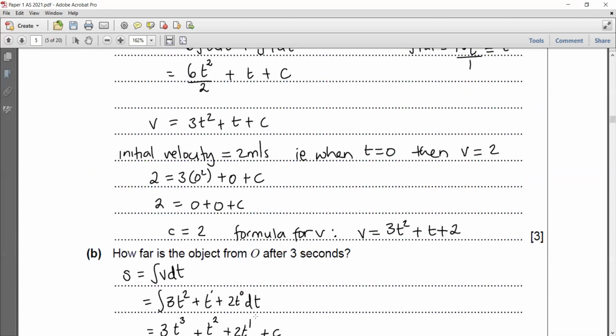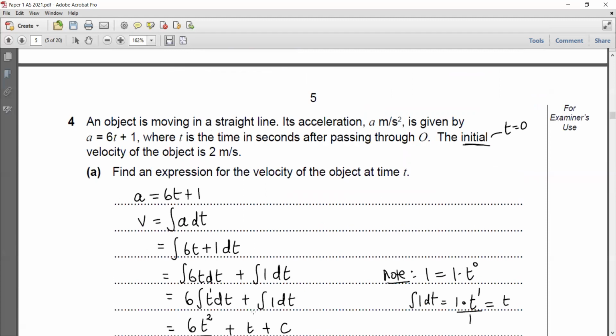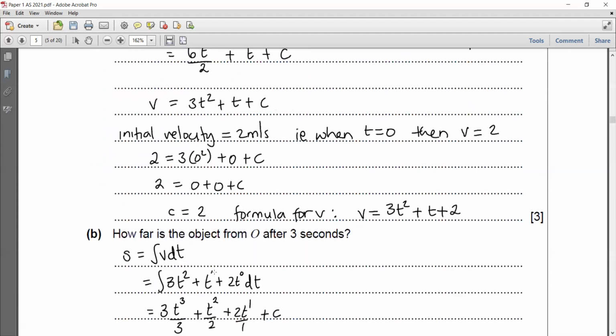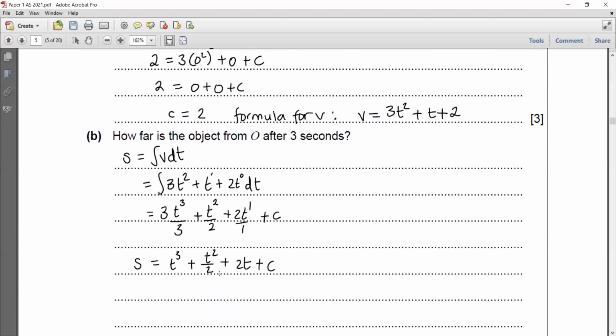Okay, now when we read the question, it moves in a straight line. We're not given anything to indicate that the initial displacement is not 0. So here we can take the initial displacement to be equal to 0. So that means when t is 0, then S is also equal to 0.